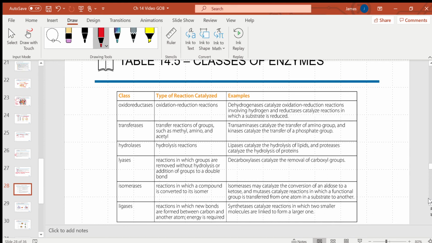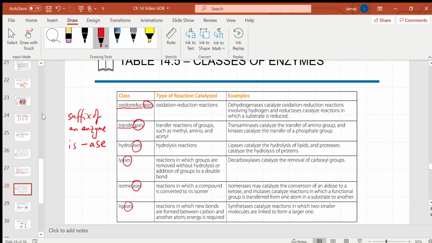The only reason I left this slide in is I don't really need my class to know that much about the prefix of these enzymes. They're self-explanatory anyway, but what I'm interested in is the suffix, ase. So the suffix of an enzyme is ase.